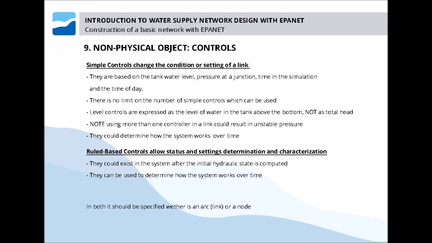These rule-based controls are obviously one step forward in the way we program and control our network. For both simple and rule-based controls, the behavior of arcs and nodes can be specified.